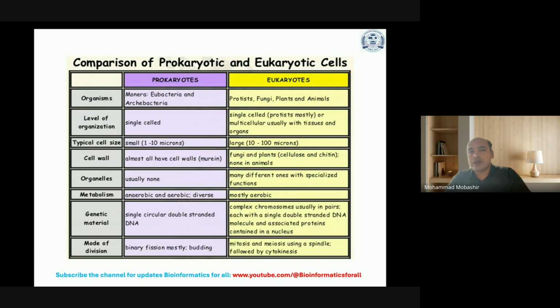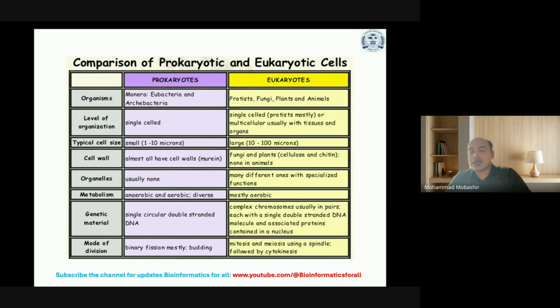For example, if we are talking about some examples of prokaryotes and eukaryotes, here you can see bacteria in prokaryotes, and in eukaryotes, fungi, plants, and animals. The organization level in prokaryotes is single cell, while eukaryotes are from single cell to multicellular.